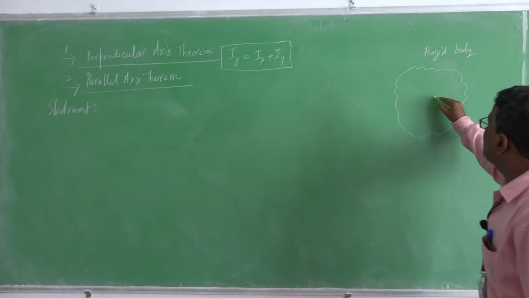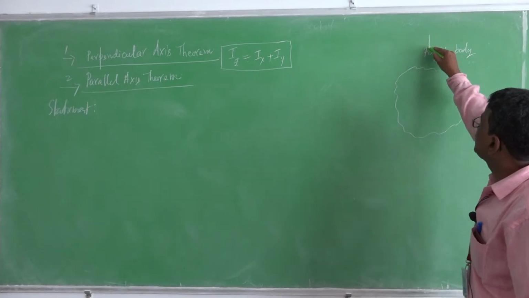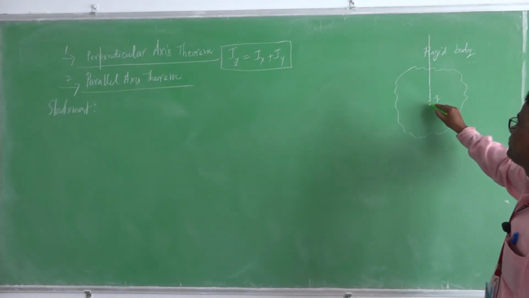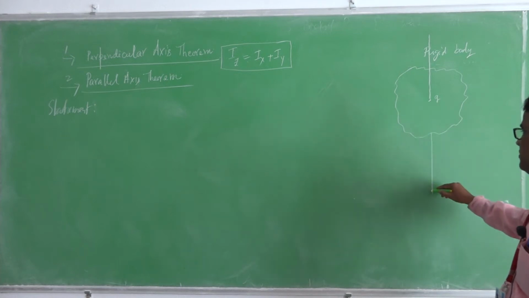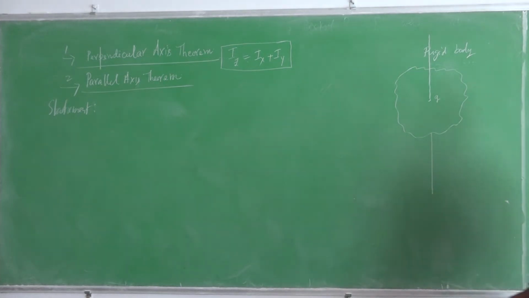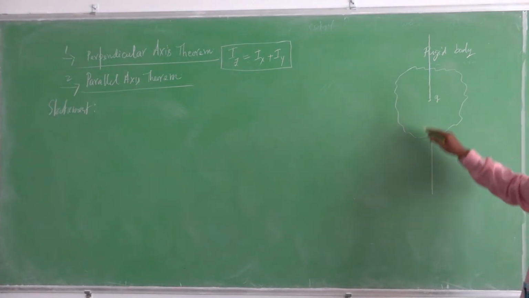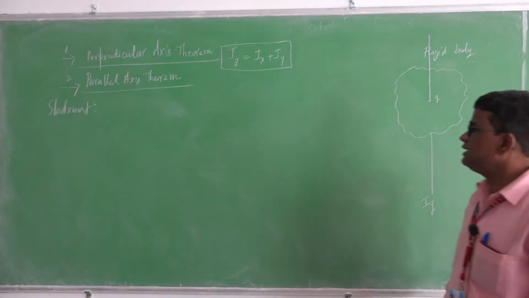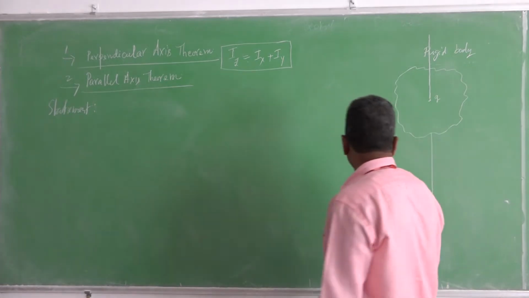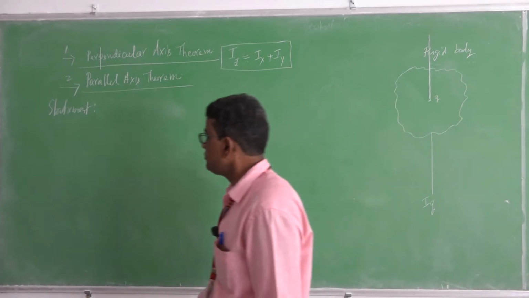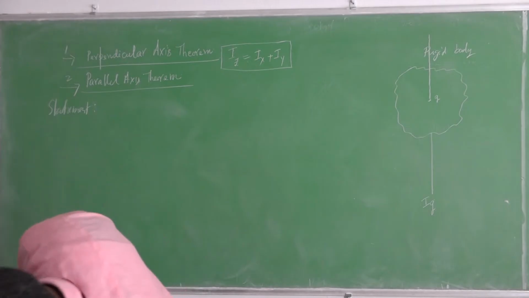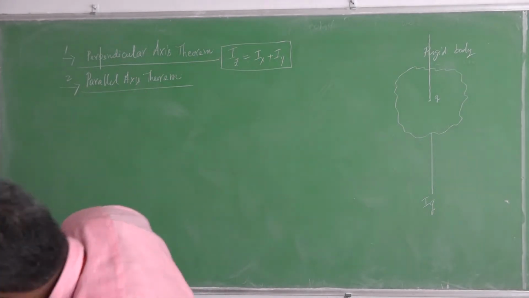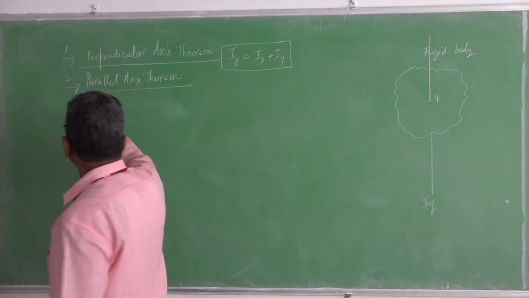The moment of inertia of this rigid body about an axis passing through the center, let it be G, this axis, let the moment of inertia be Iz. Before I write the statement, I will explain. What is Iz?